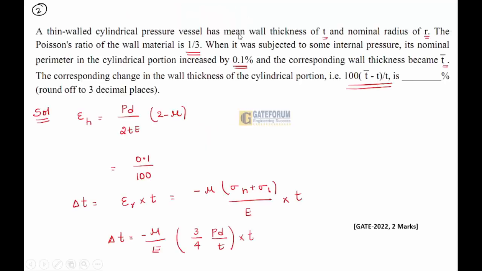Simple. I am taking E outside and cancelling the T value. So here, from one equation I got the hoop strain. This is your delta T value.